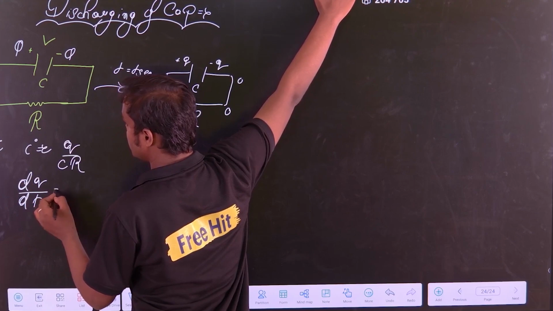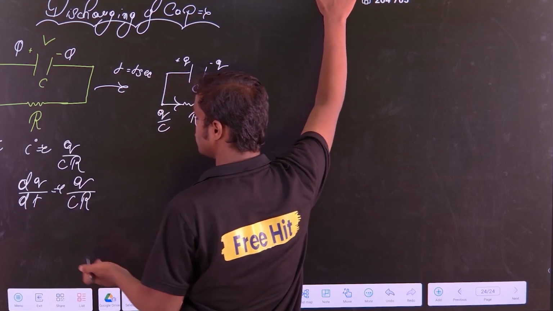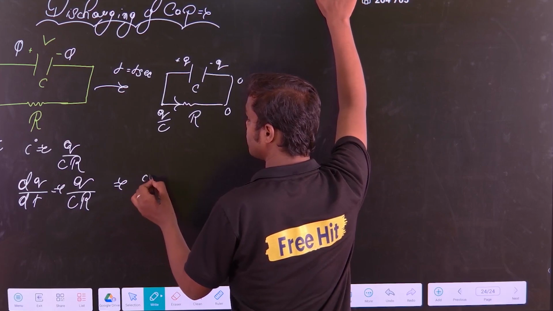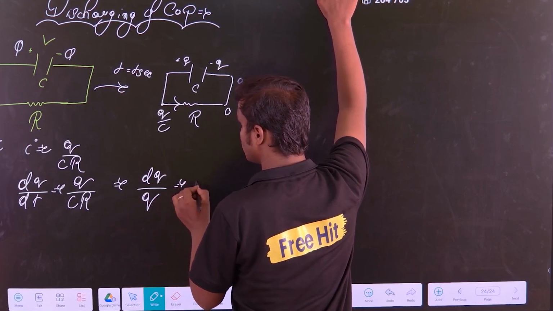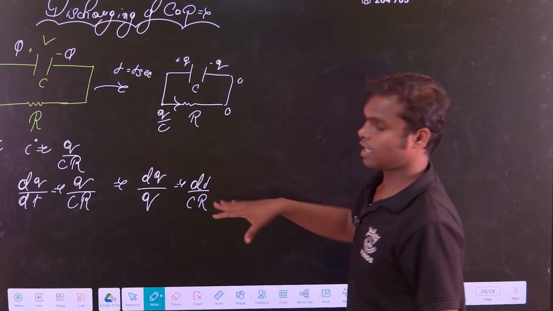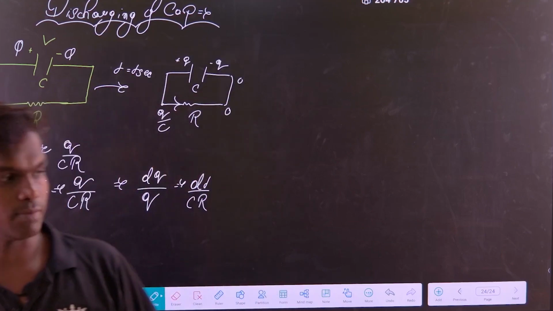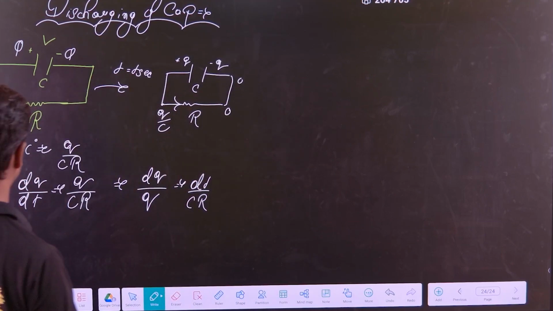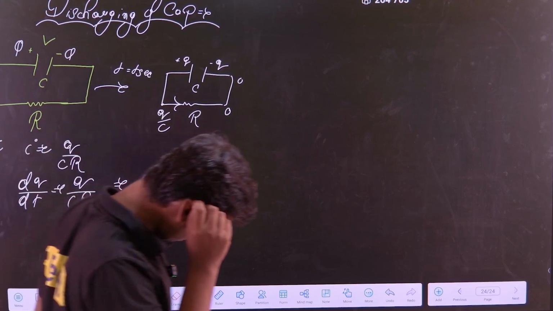Same as what we have discussed for charging of capacitor. So from here, if you integrate, dQ by Q equals dt by CR. Till here, does anyone have a doubt or any mistake? Please let me know. First, tell me.